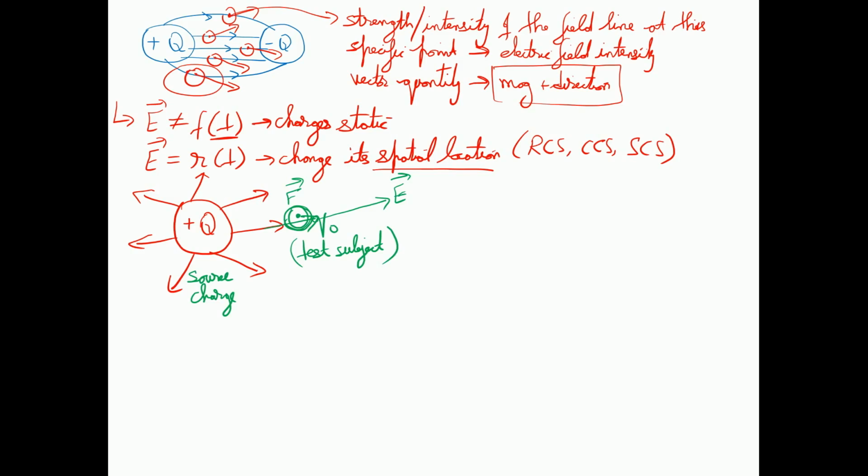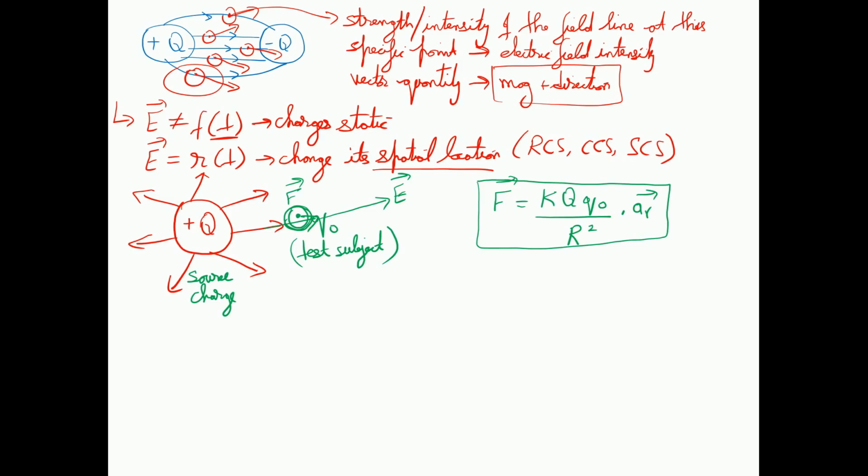So if a test charge Q naught is brought in close vicinity to Q, then as per Coulomb's law, the vector representation of this is K Q Q naught, the relationship between two charges, where K is the dielectric coefficient, divided by R square. And if you want to represent it in vector form, it will have a unit vector.